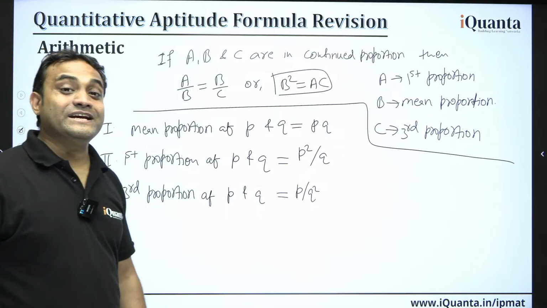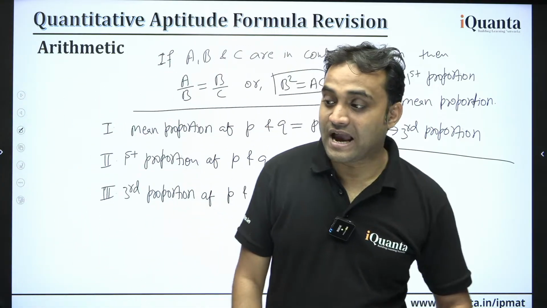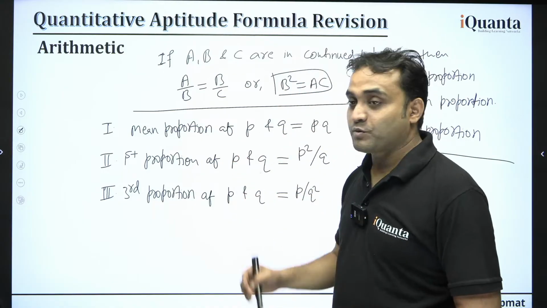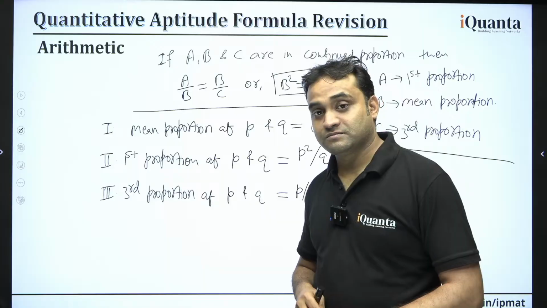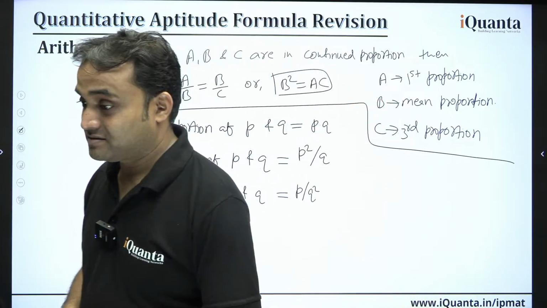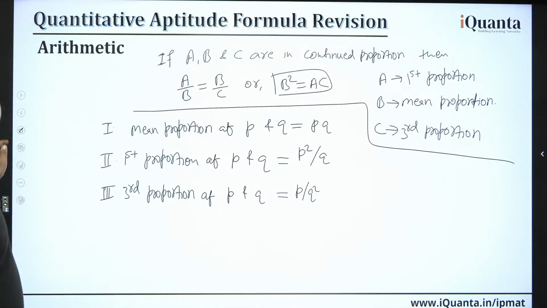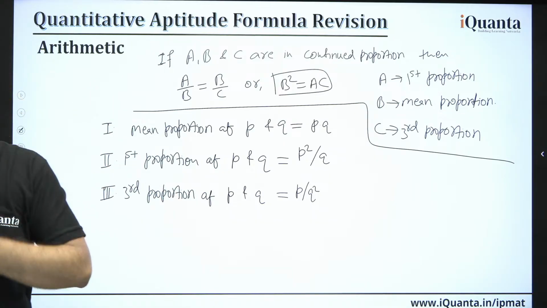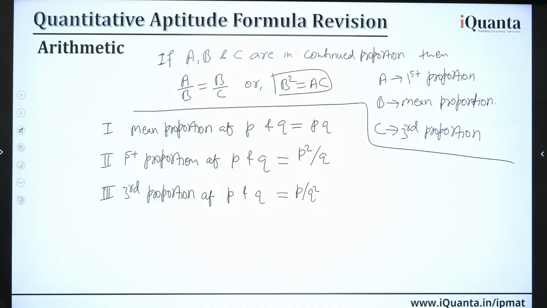So any two values could be given and it could be asked what is the first proportion, what is the mean proportion, what is the third proportion. In each case, the method of solving will be different. Check the values. Let me know if you have any doubts, or if you need any examples here, because this could be confusing.